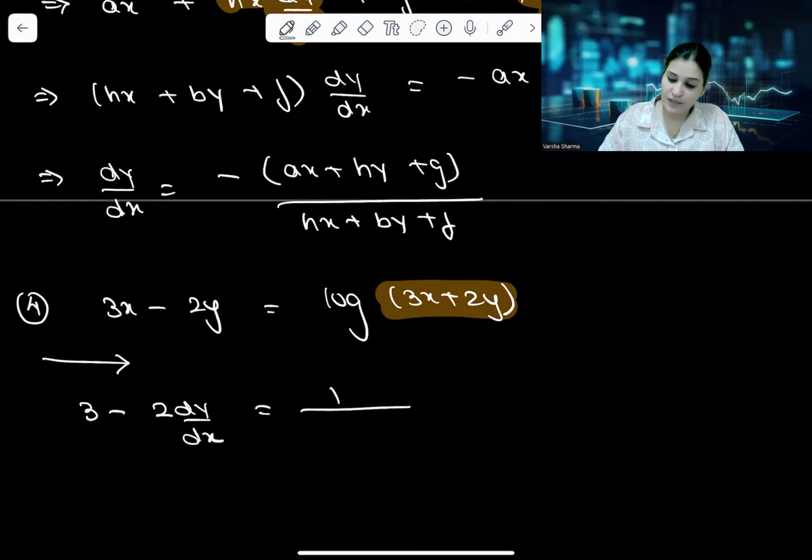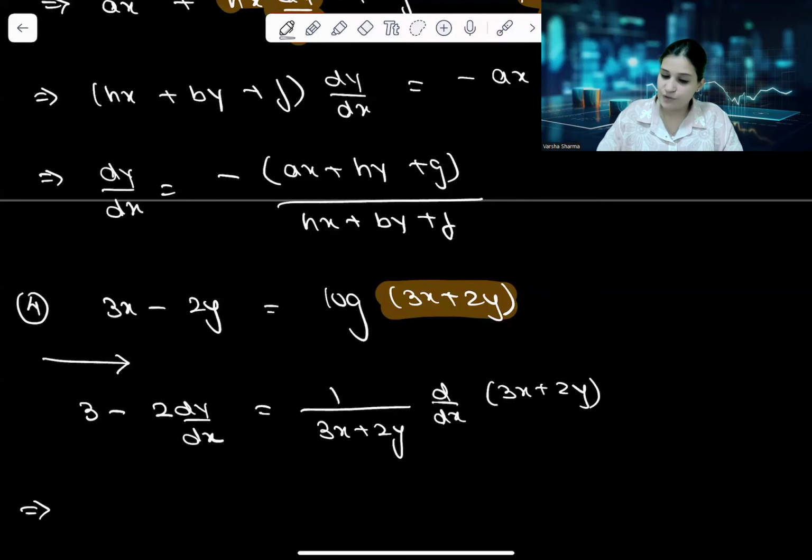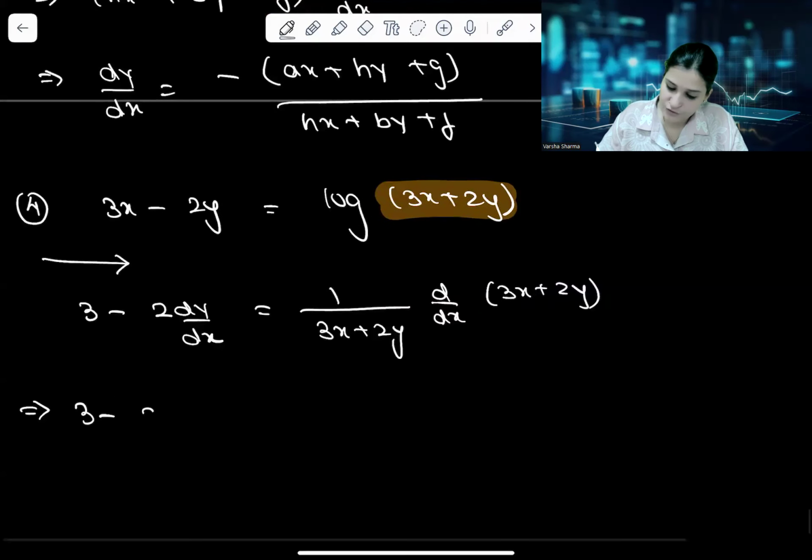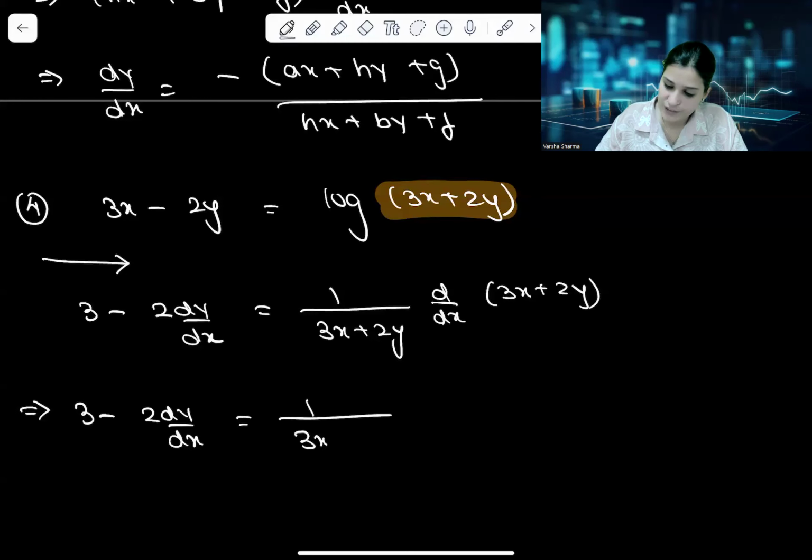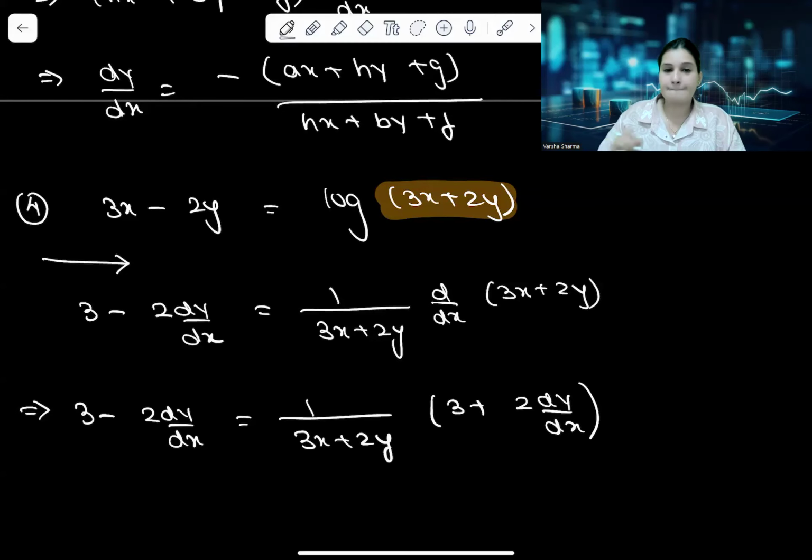So log x is 1 by x, and then differentiating this particular term. So this would be 3 minus 2 dy by dx equals 1 by 3x plus 2y, times 3 plus 2 dy by dx. Any doubt till here? No, ma'am.